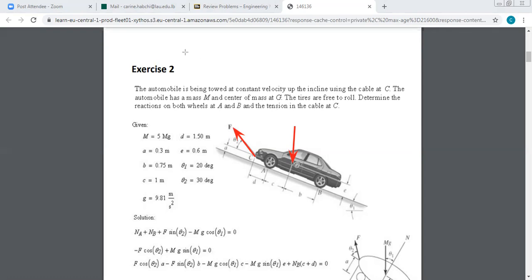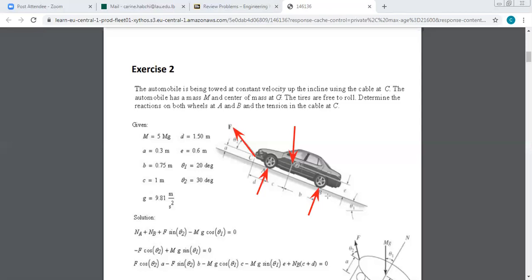Okay, so we have only normal reactions at A and B. What we want to find, the unknowns, are the reactions.